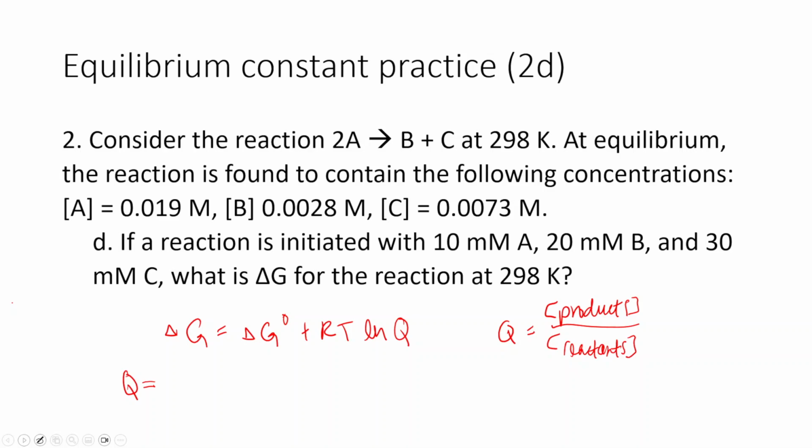If it's ever given to you in millimolar, which you often will see, or other concentrations in biological reactions, always convert first to molar. So first, let's get down our expression for Q. It will look a lot like our expression for K. We have our products on top, concentration of B times concentration of C over concentration of A squared.